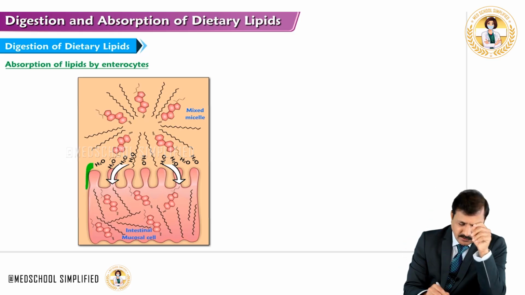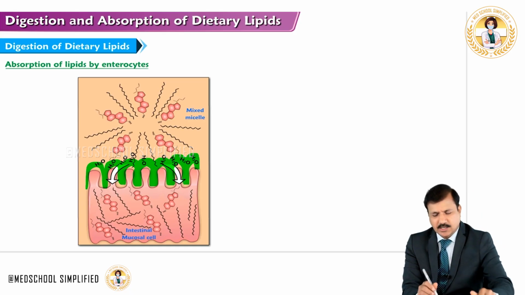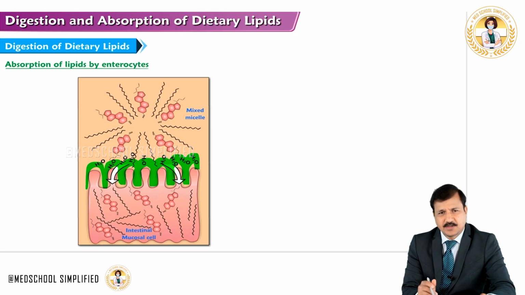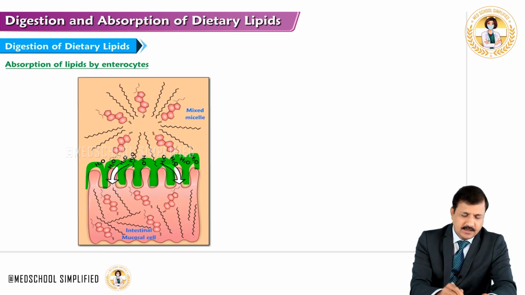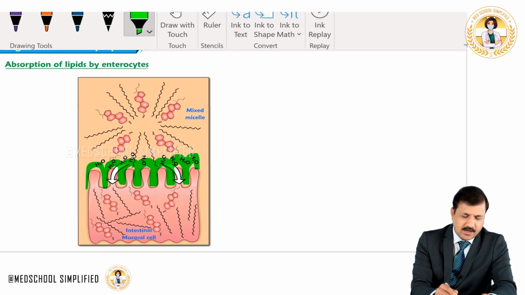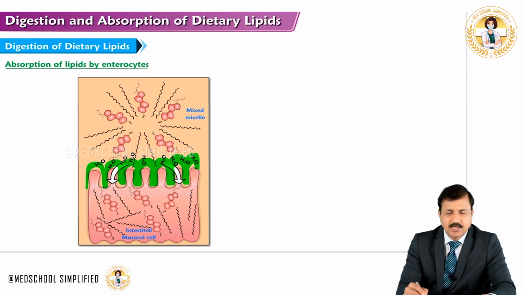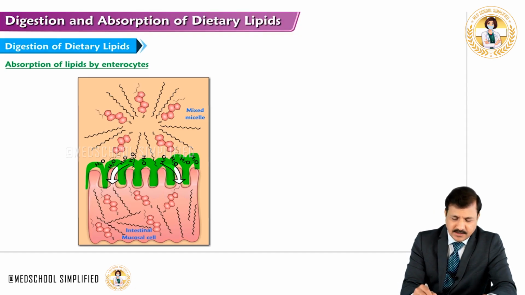So there is a water layer which is coating this brush border epithelium, as I am highlighting with the green color, and that water layer needs to be removed first, and that will be done by the hydrophilic head of bile acids that are coating the lipids. So as you know, bile acid has got a polar head and non-polar tail.